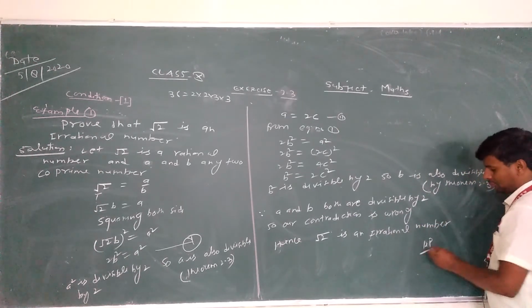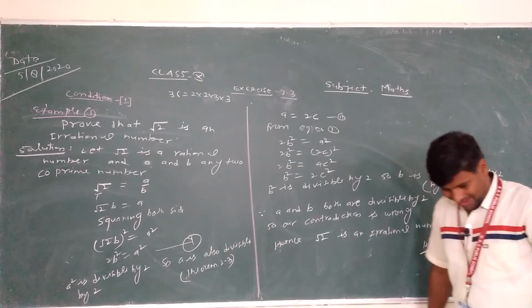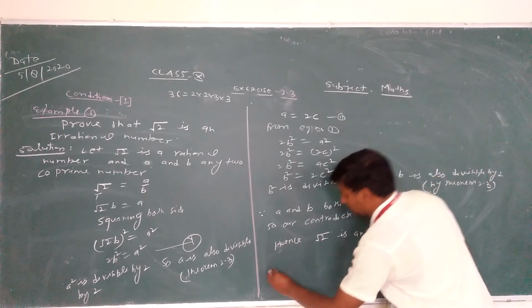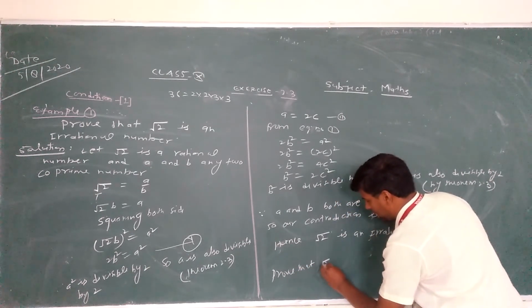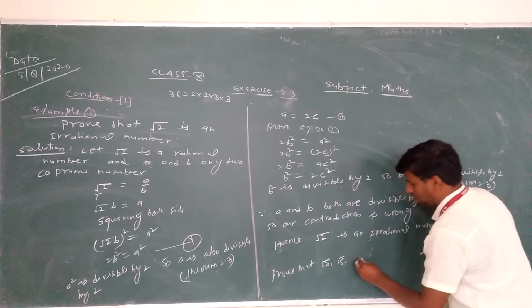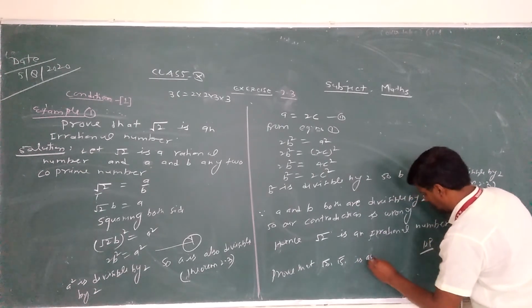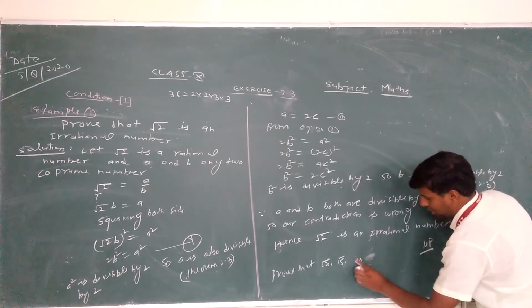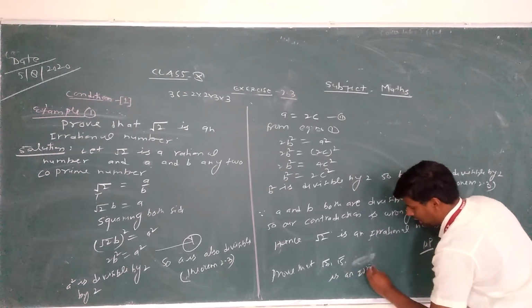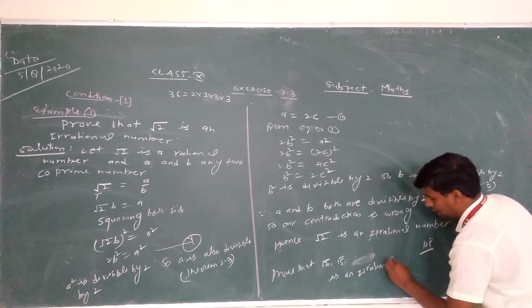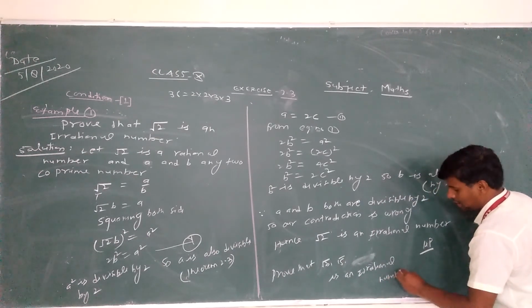Hence, by the same process, students of class 10, you can prove that root of 3, root of 5 is an irrational number. That's clear?